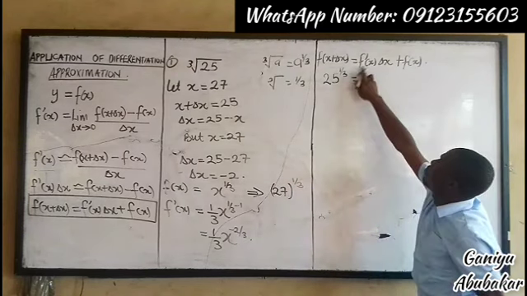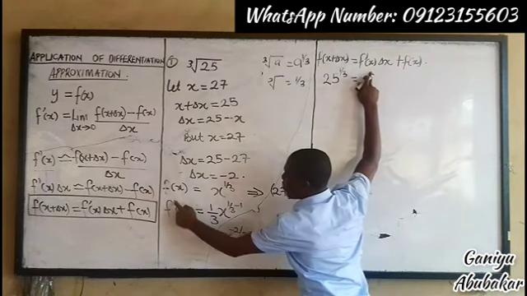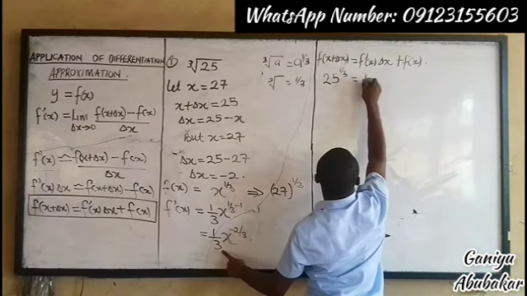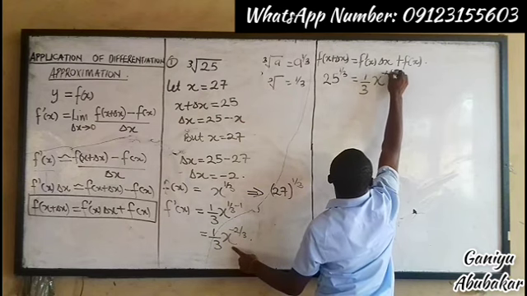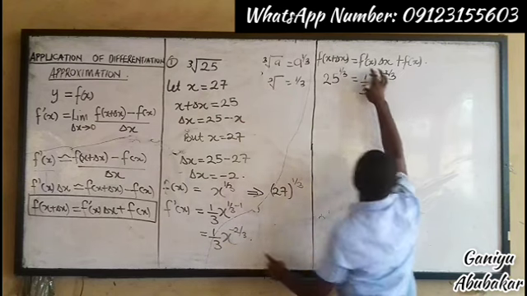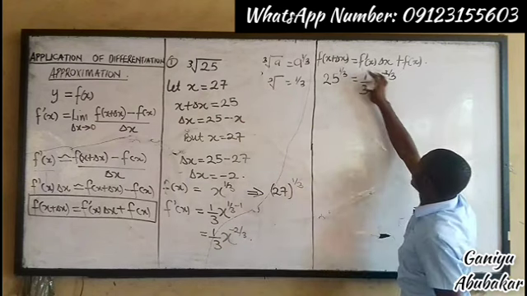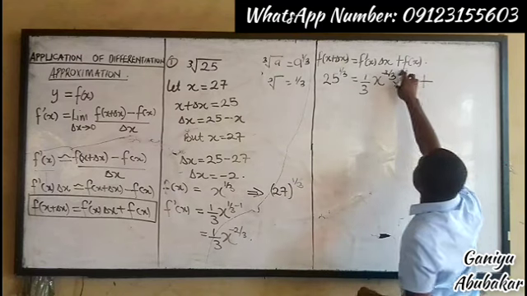So what's f prime of x? F prime of x is obviously 1 over 3 x to the power minus 2 over 3, multiplied by change in x. Change in x is what? Minus 2. Next up, plus f of x.